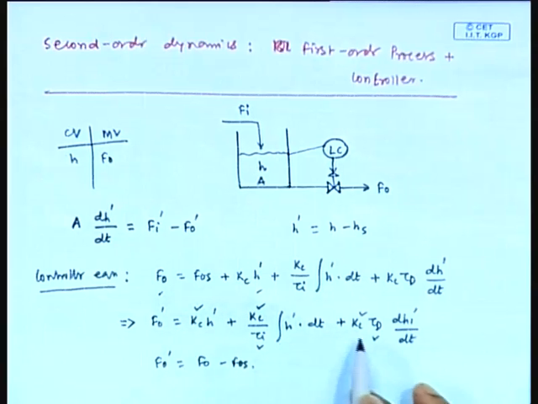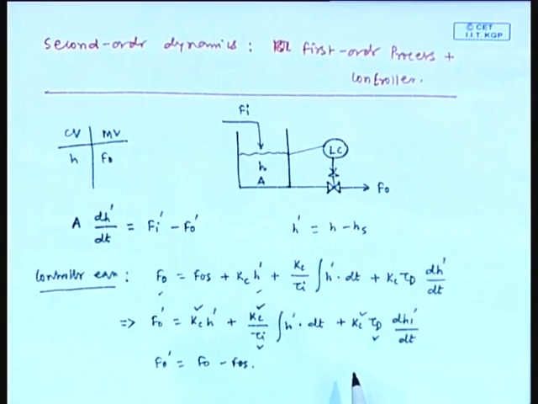In this controller equation kc, tau y and tau d are constant parameters.